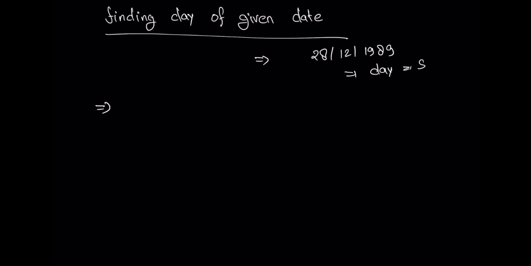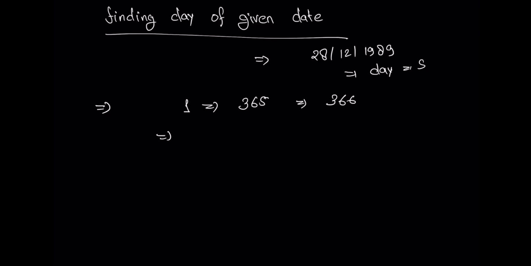dates actually work. The very first thing we need to know is that in 1 year we consider the number of days as 365, and in a leap year we consider 366.